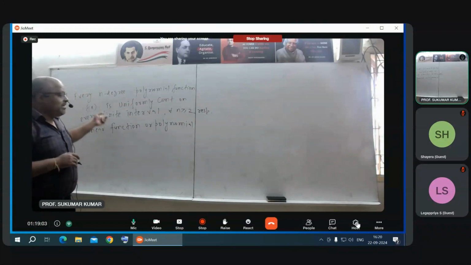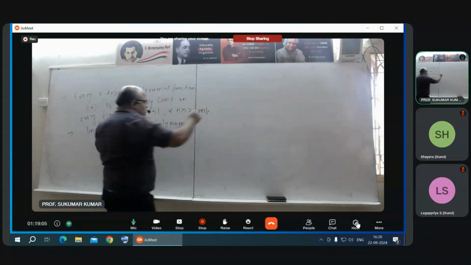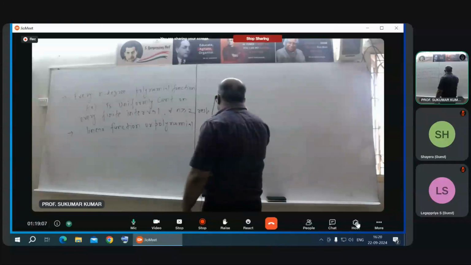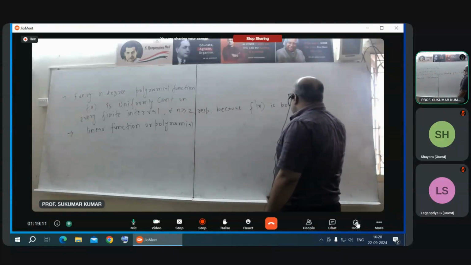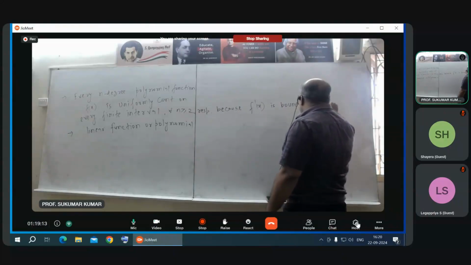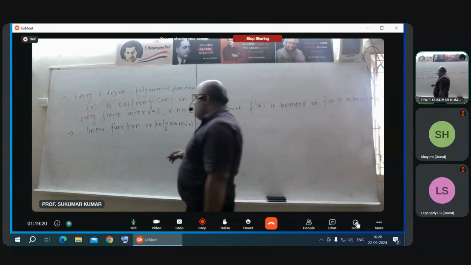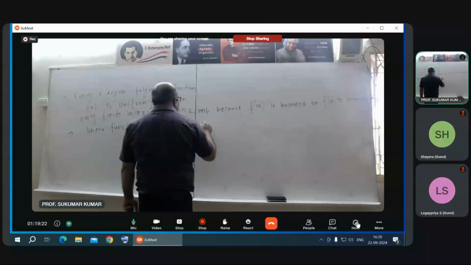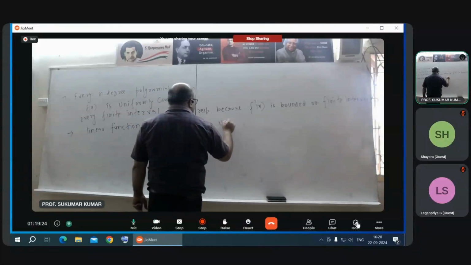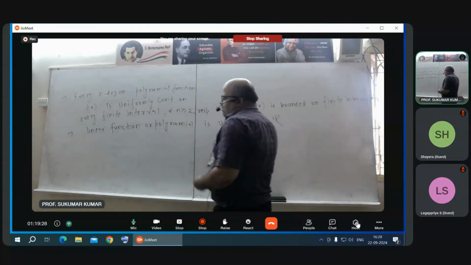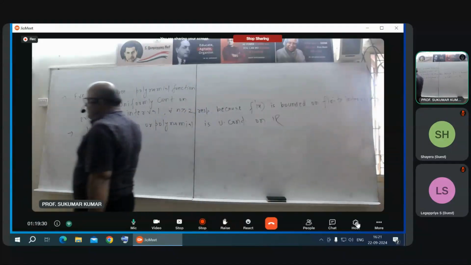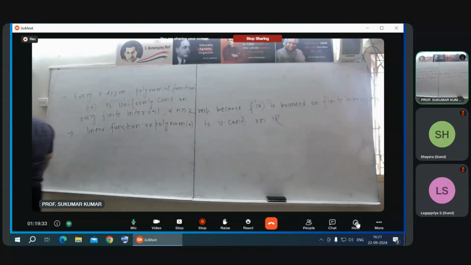So we need f dash x to be bounded. As the reason you write here that f dash x is bounded on a finite interval. So by this we are telling uniformly continuous on a finite interval. A linear function or polynomial is uniformly continuous everywhere on R. Okay, right.